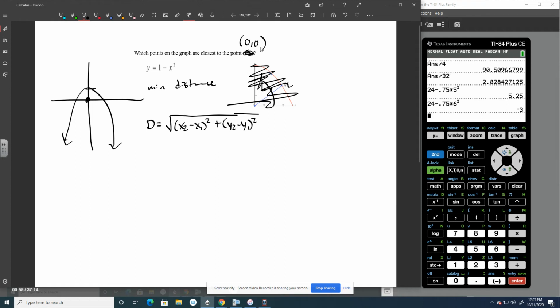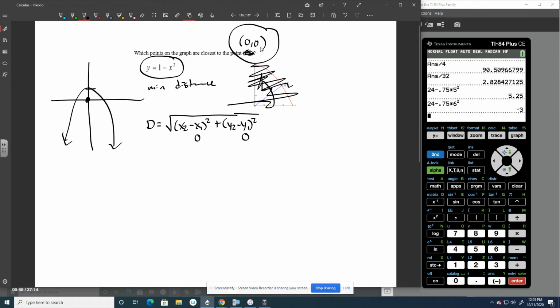Now, my issue is I have a whole bunch of x's and y's. We can get rid of some of them because I know one of my points. It's 0, 0. So I can plug a 0 in right here, and I can plug a 0 in right here for my x and my y. But I have another x and another y, which is no big deal because I have a function. It gives me another equation right here, y equals 1 minus x squared.